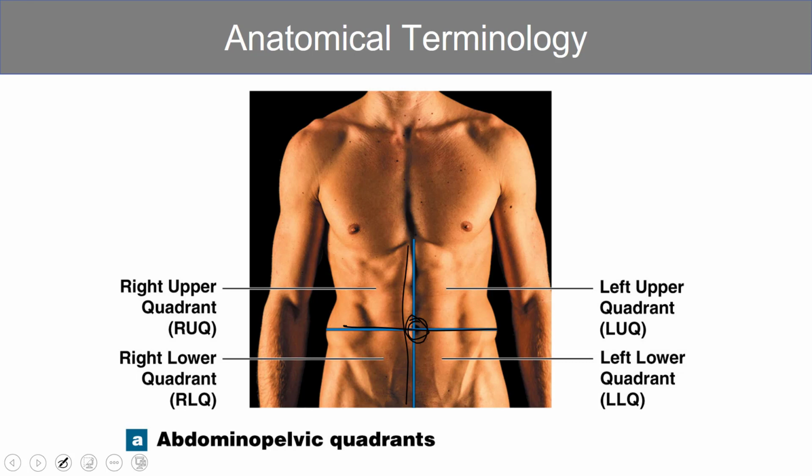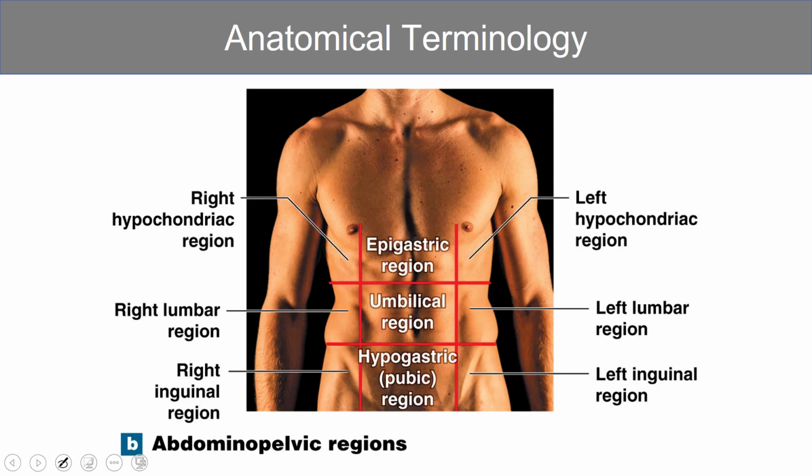We can take these abdominal pelvic quadrants and further subdivide them into abdominal pelvic regions. And you can see here there are 9 regions. The right hypochondriac region. Hypo means below. Chondro refers to cartilage. So it's looking at the area below the cartilage that we have in our rib cage. Right lumbar region. Lumbar is lower back.